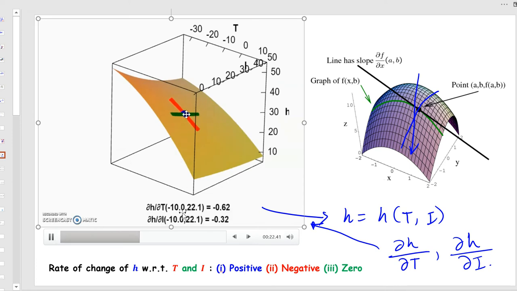Try to look at the values here. The x value and y value change, and at the same time the rate of change also changes. If you move it, you can see there is a change.